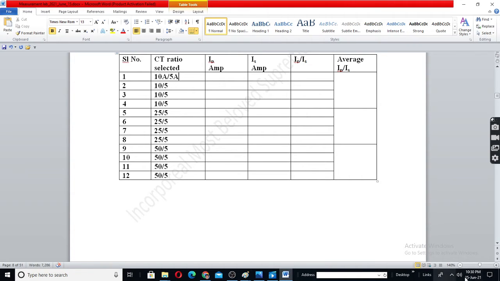Sometimes we write ampere, sometimes we don't write it. In our college laboratory, we have 3 or 4 different turns ratios: 10 by 5, 25 by 5. You can select whatever you like.